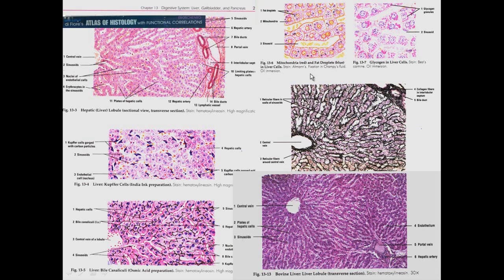Here is another interesting component where you can see the mitochondria. There's lots of mitochondria in the hepatocytes, and they're red here, so you can see them. And also the blue is the fat droplets, so there's fat in there. In addition to that, there's a host of glycogen. So you can see glycogen stored in the hepatocytes. Surrounding each of those hepatocyte columns would be the reticular fibers.